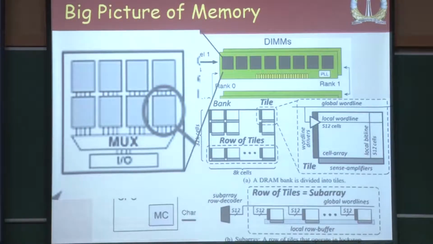So, the 32 bits of physical address that comes in is going to be divided. Some parts of it is going to be used to identify the rank, some parts of it is going to be used to identify the bank, and some part of it is going to identify the row, and some parts of it is going to be used for identifying the specific column, which tells you the exact byte or word or cache line that you want to access from the memory.